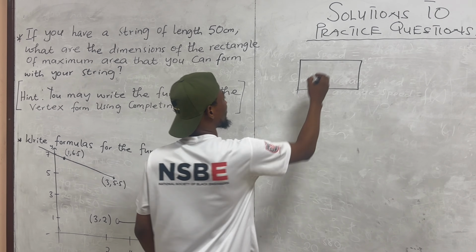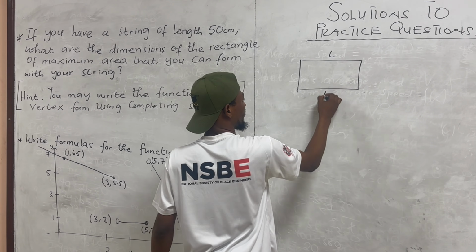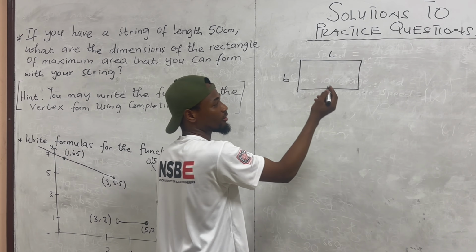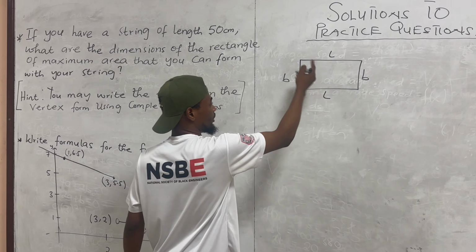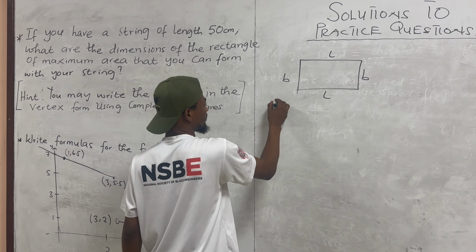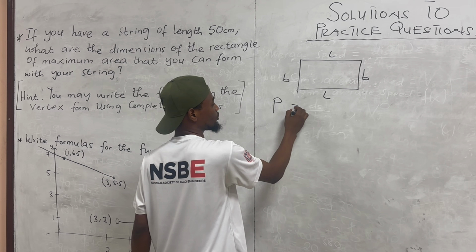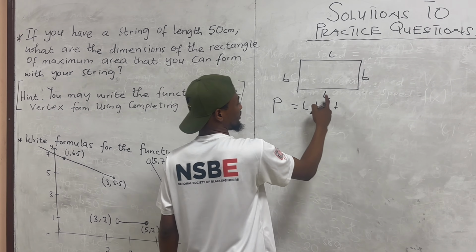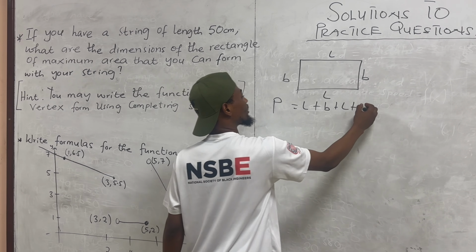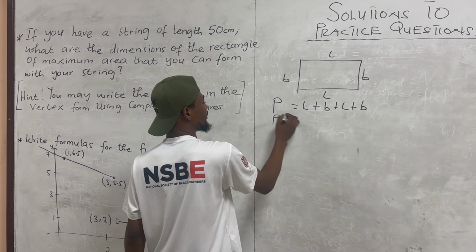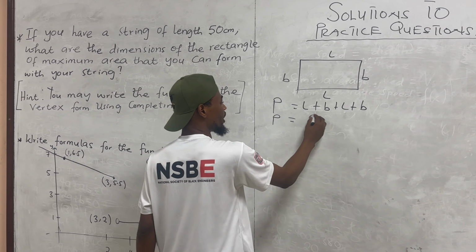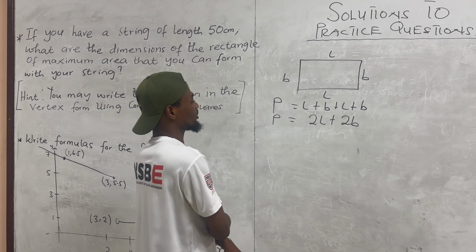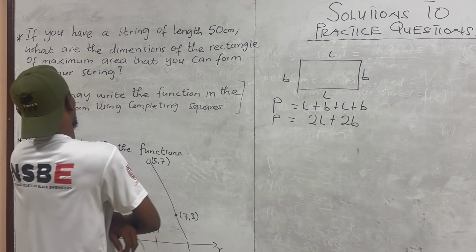So if I have here L as length and B as breadth or width, and I sum all of them, that will be my perimeter. So P is equal to L plus B plus L plus B, which is 2L plus 2B.